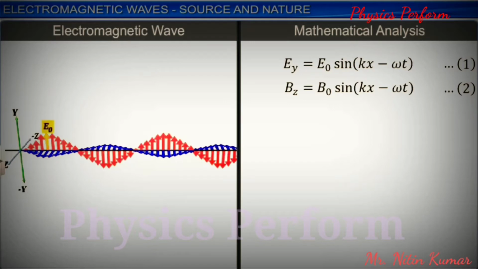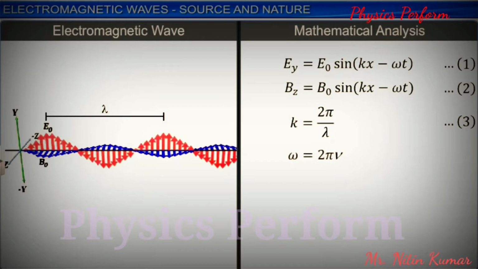B naught is the maximum value or amplitude of the magnetic field. And k is the wave number related to the wavelength of the wave, lambda. That is, k is equal to 2 pi by lambda. Let this be equation 3. Omega is the angular frequency. It is related to the frequency of the wave by the equation omega is equal to 2 pi nu. Let this be equation 4.